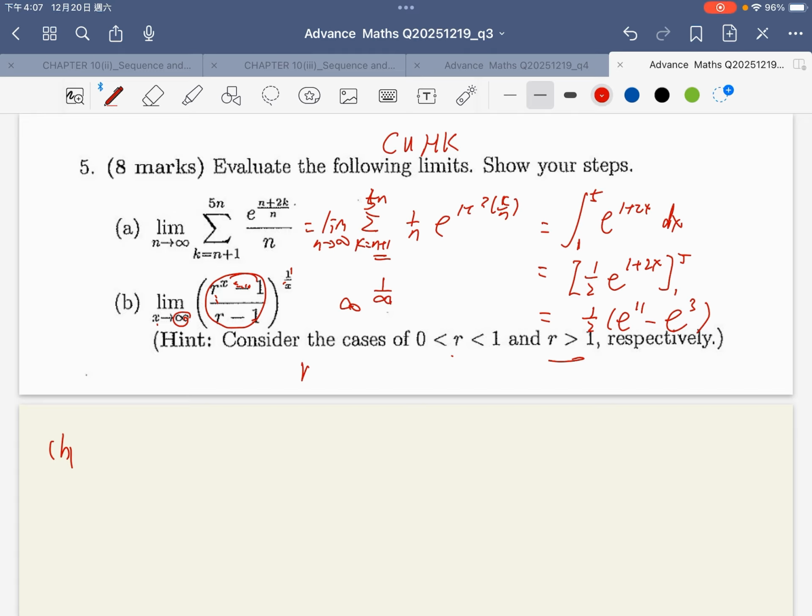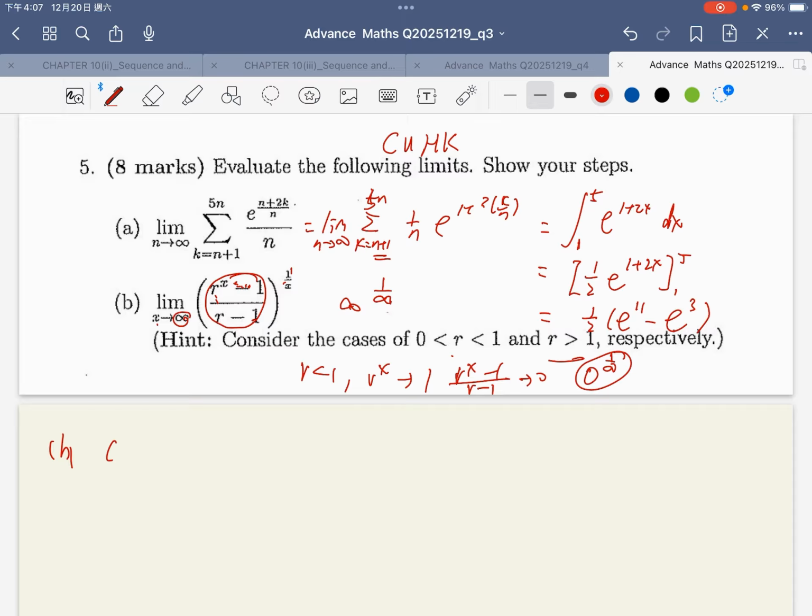If r is less than 1, r to the x tends to 0, then r to the x minus 1 over r minus 1 tends to 1 over r minus 1 ... and the form is again indeterminate. Both are indeterminate forms.